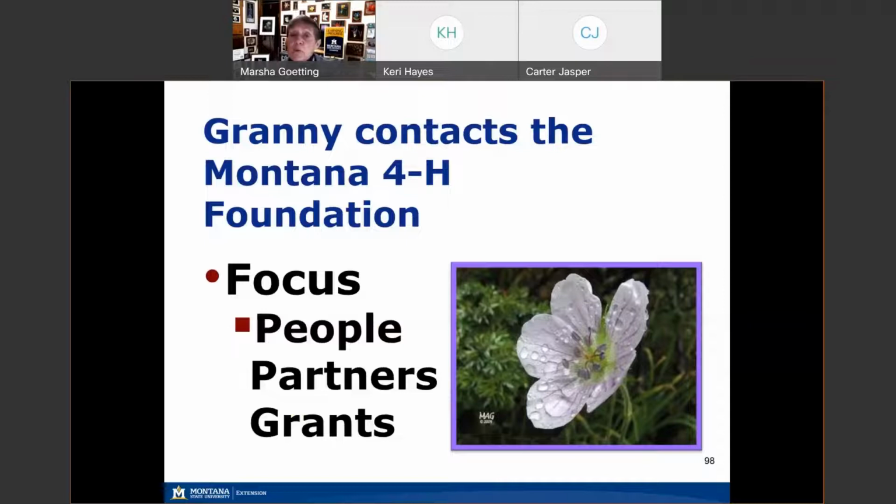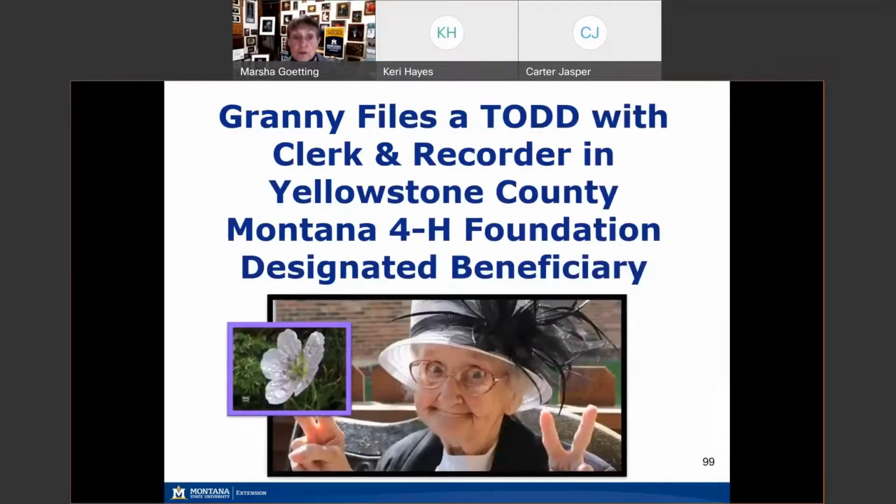It's called the People Partners Grants. And what these grants do is allow youth in a community to decide on something that they want to do to improve that community. And I had the pleasure of judging some of these last year, and I've got to tell you, it was so impressive with what the kids came up with. So I was really glad to hear Granny Richardson wanted to do that.